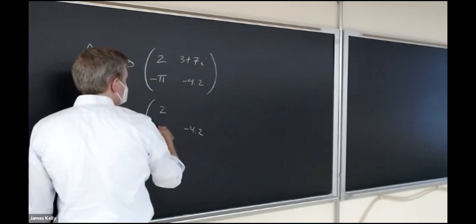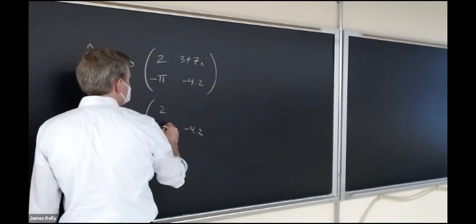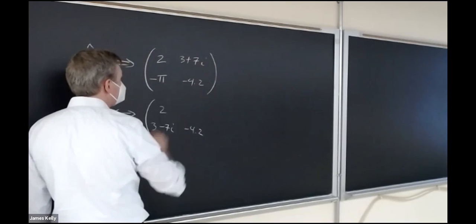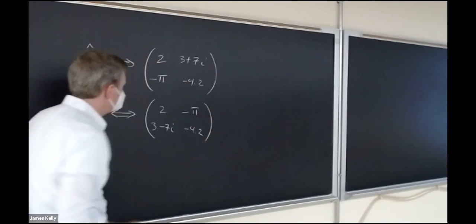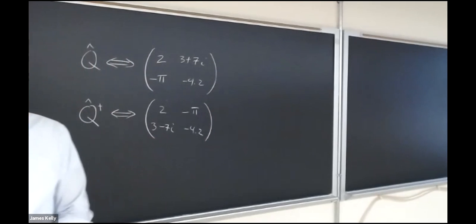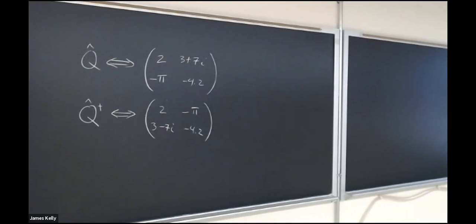The 3 plus 7i goes down here, and it turns into a 3 minus 7i. Pi is perfectly real, so I don't have to take its complex conjugate. So that is called the transpose conjugate of that matrix. And the Hermitian conjugate matrix elements are the transpose conjugate of the original operator.